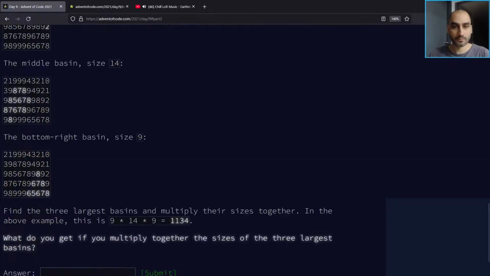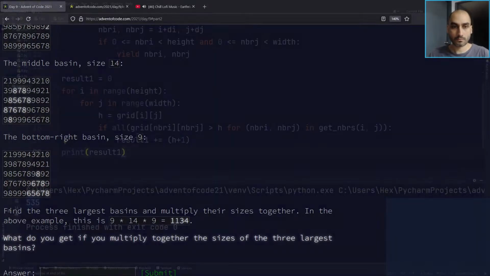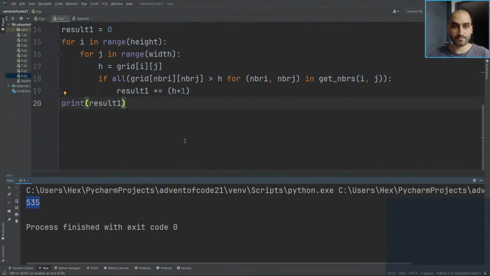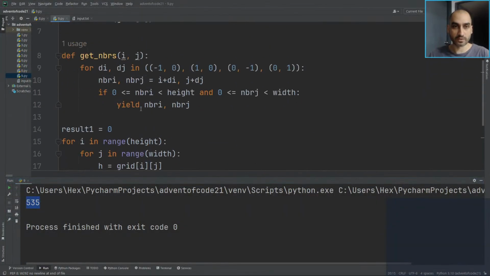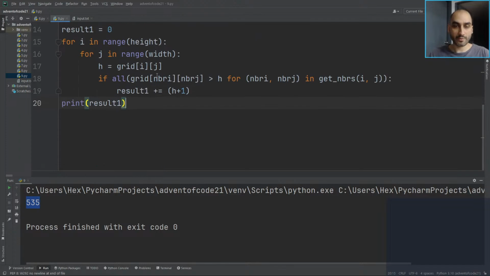So okay, this is flood fill, just straightforward. So when we found a trough, that basically identifies a basin. But we want to find how many elements are in that basin.